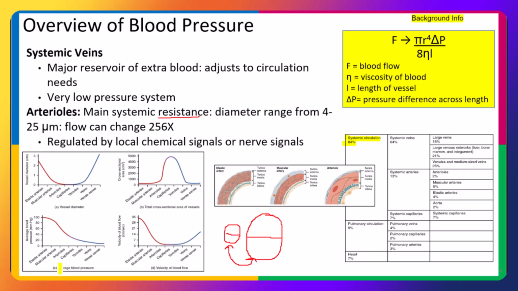And then these diagrams or graphs show you changes in blood pressure as we move from arteries to veins, changes in diameter, specifically from arteries down to capillaries, back up to the vena cava, and the total cross-sectional area as you move from one to the other, as well as how fast blood moves through vessels depending on which vessels they're at. You can see it really slows down here, which is where we want absorption to occur.